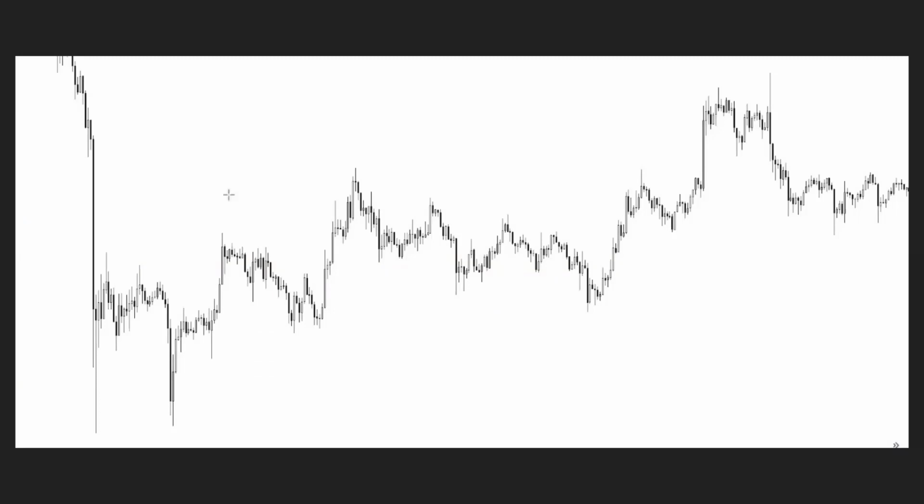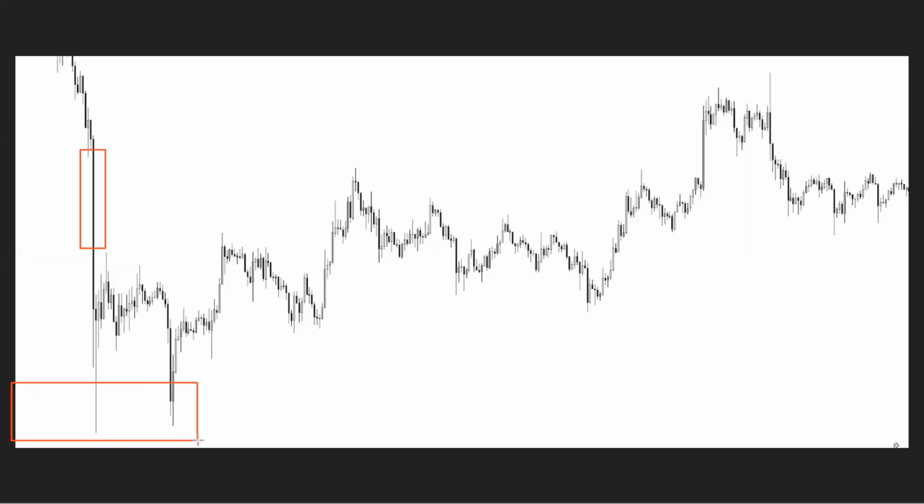The first thing I'd be noticing is that this is an illiquid move. So depending on context here, let's say we've got some high time frame, ideally fresh or untested pocket of liquidity down at the low here. What I'd be waiting for is for price to start breaking into this illiquid area.